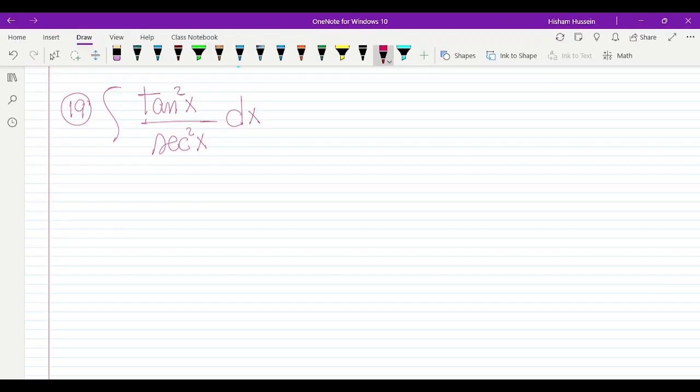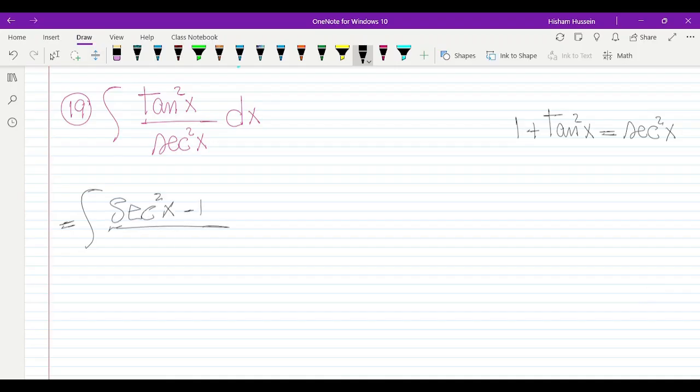For this function, the integration of tan squared x divided by sec squared x. So here we need to think about a relation between tan squared and sec squared. As we know from the lecture, 1 plus tan squared is sec squared. So this tan squared can be written as sec squared x minus 1, divided by sec squared x dx.